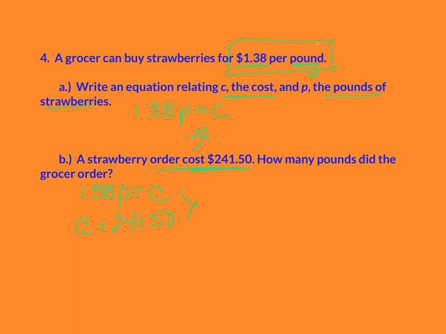So I'm going to take that and substitute in. Every time I see a C, I know exactly what I'm going to write. So I'm going to have $1.38P equals 241.50.